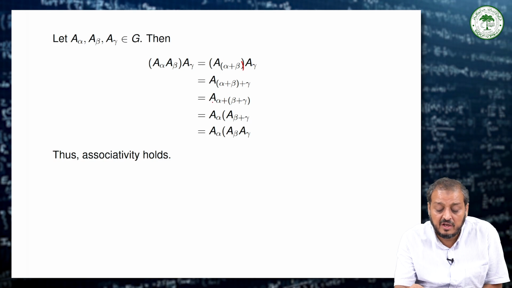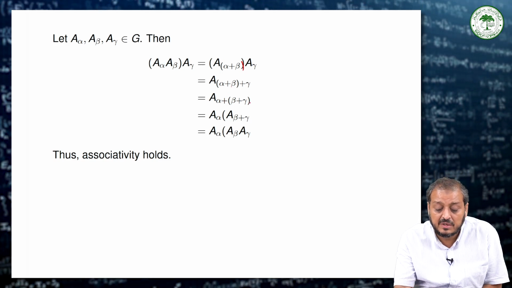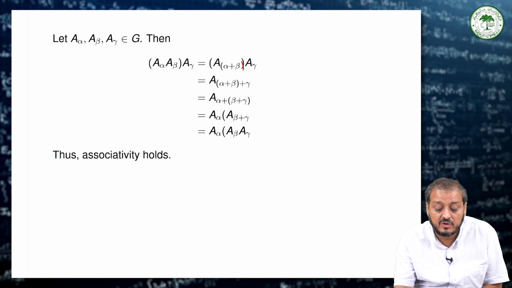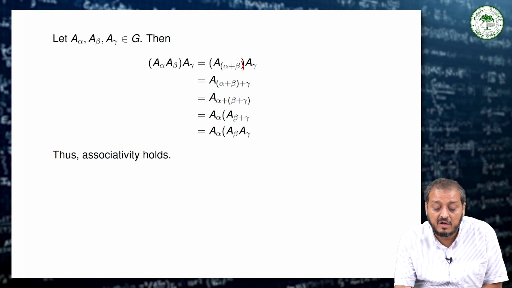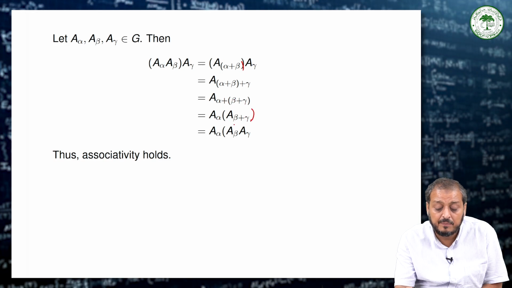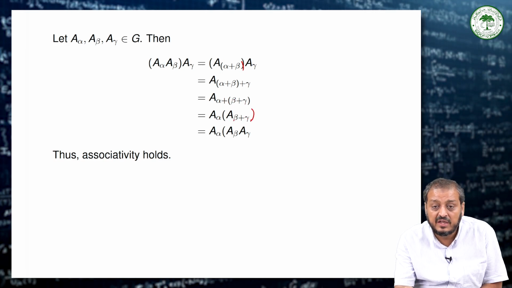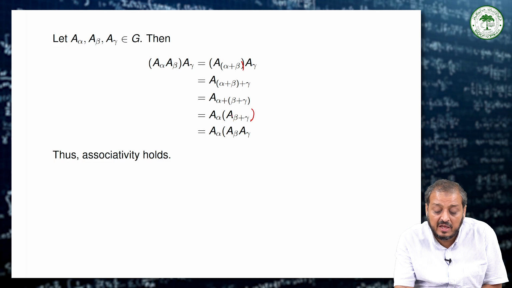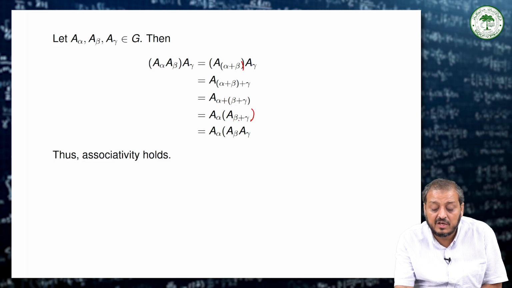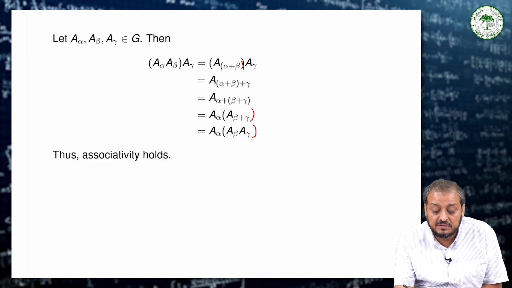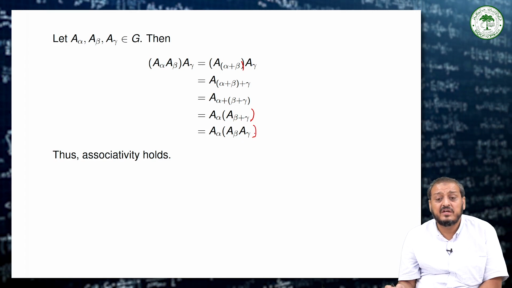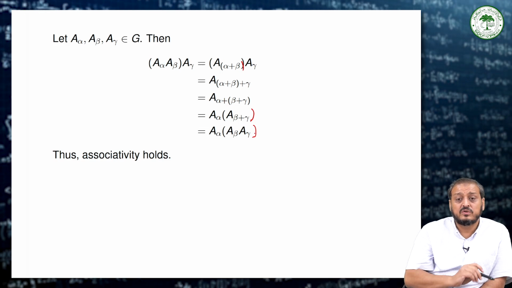So we can write A of alpha plus beta plus gamma, and by the property of A, A alpha times A of beta plus gamma, which can be written in the form of A alpha times A beta times A gamma. So the associativity condition holds in this case.